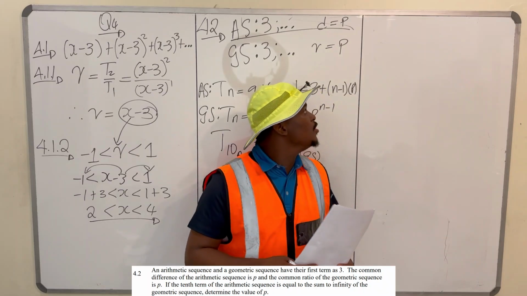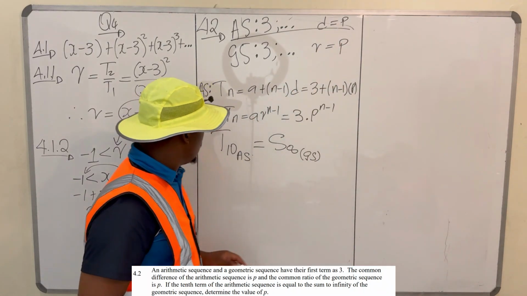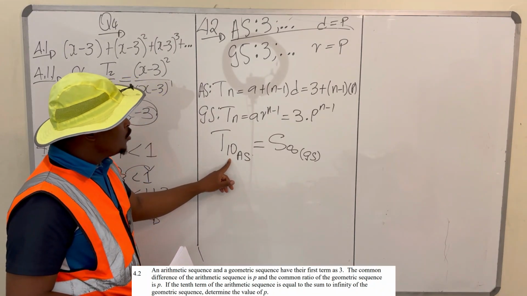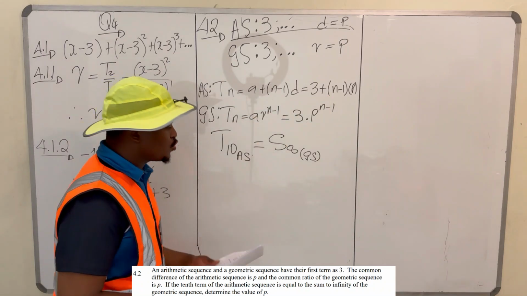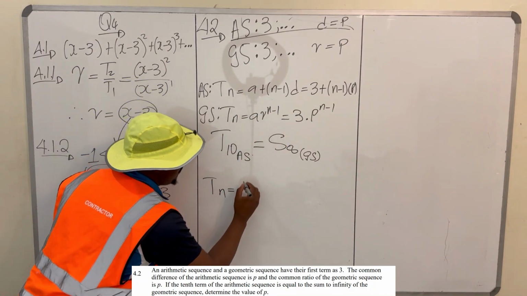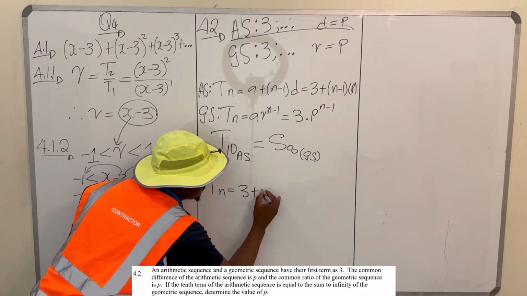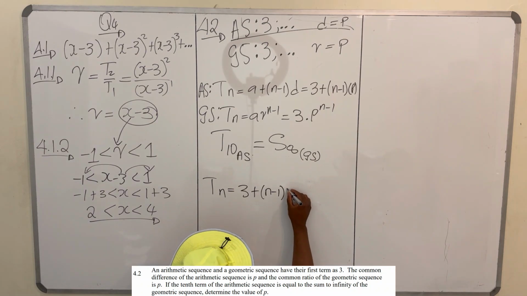They want you to find the value of P, which is the difference, which is the same as the ratio. So you know T10. You can find T10, right? Because you have the nth term. Tn is equal to 3 plus n minus 1 times P, which is the difference.